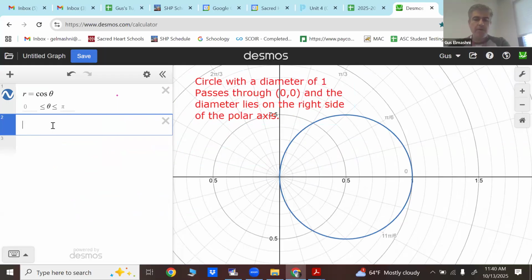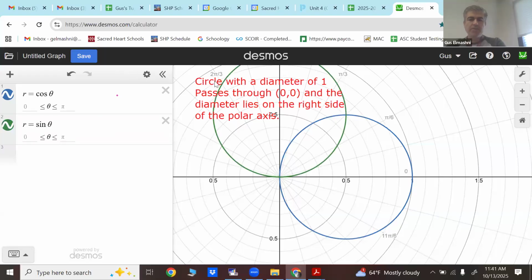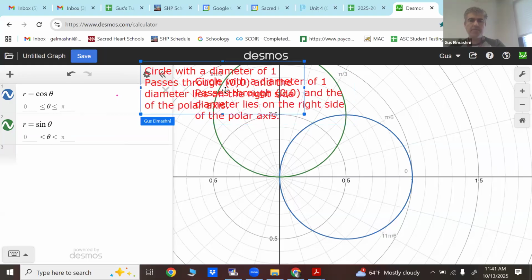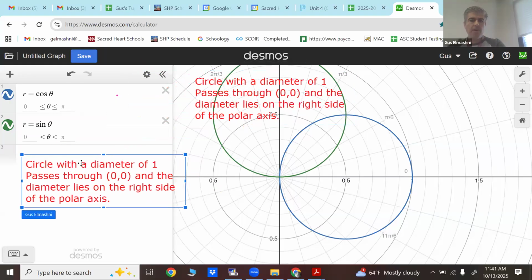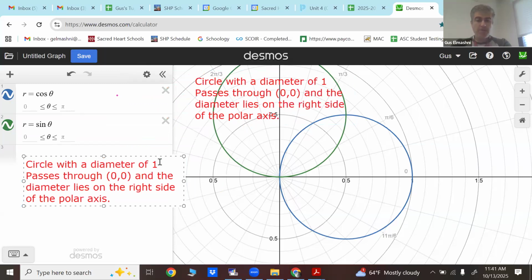So here, what if I do r equals sine theta? Ah, switch that. Here we go. In this case, let me copy and paste this. For r equals sine theta, here's what I say. Diameter, same thing, passes through 0, 0.